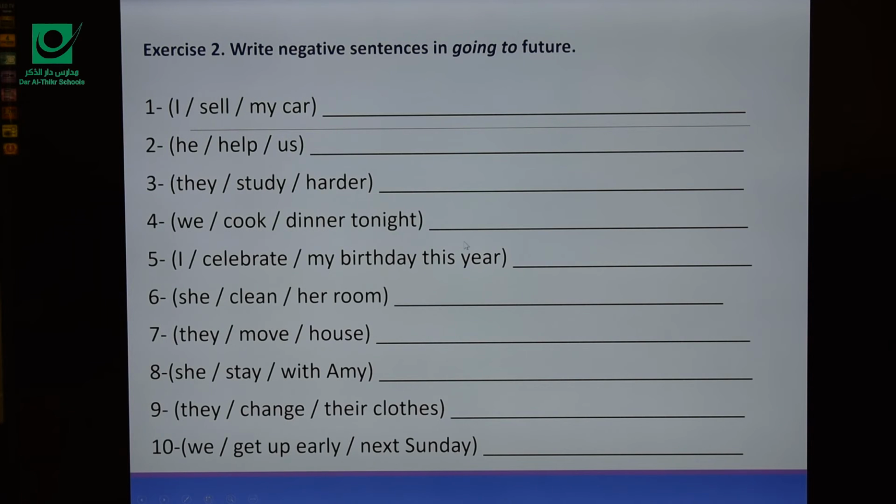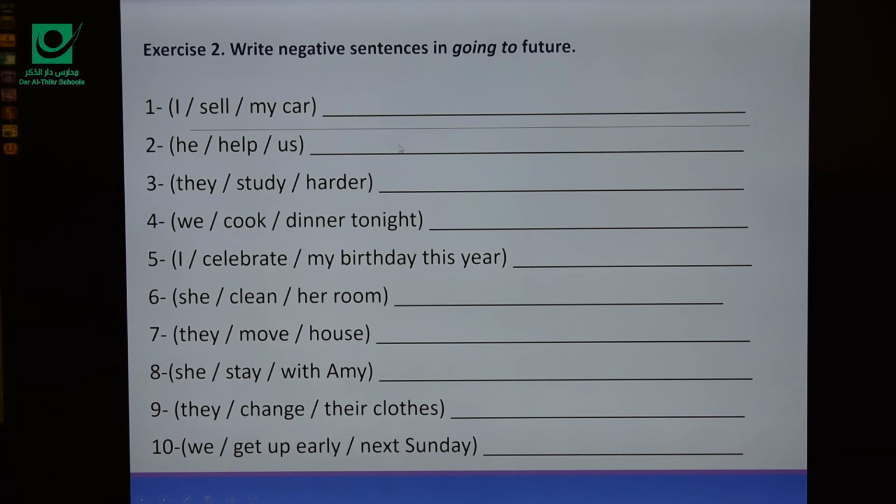Okay? Let's write 3 negative sentences from these sentences here. I sell my car. I'm not, or I am not going to sell my car. He help us.